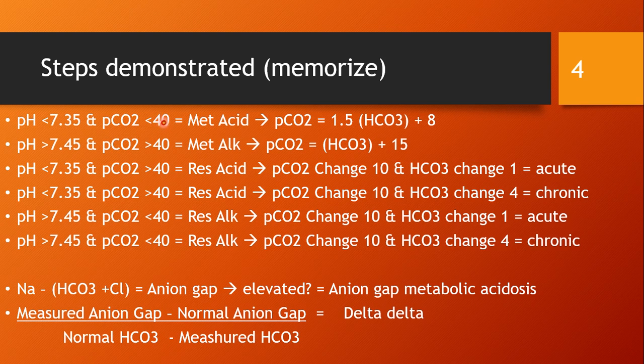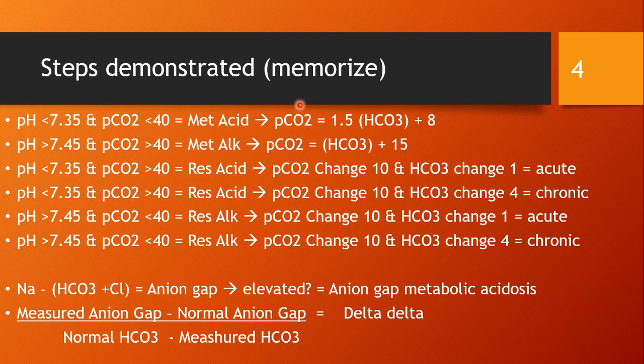Because if they were, then we'd be dealing with a respiratory issue, because it would have something to do with the fact that they're not breathing. So they have their low pH, and it's not caused by holding their breath. So that means it's not respiratory, it must be metabolic. And you know it's acidic because this is less than 7.35.